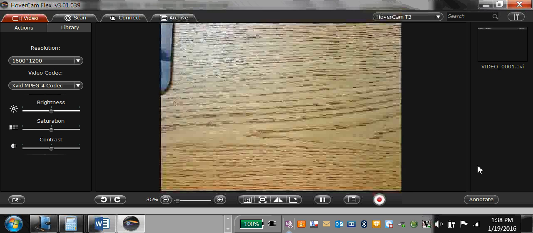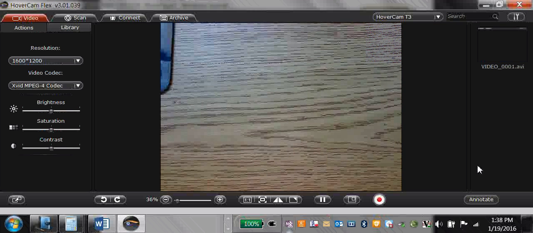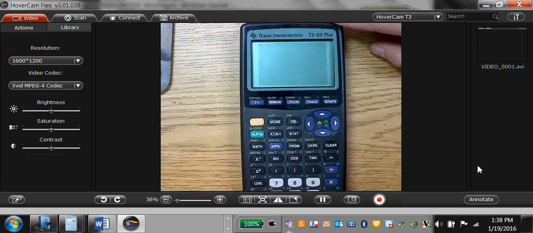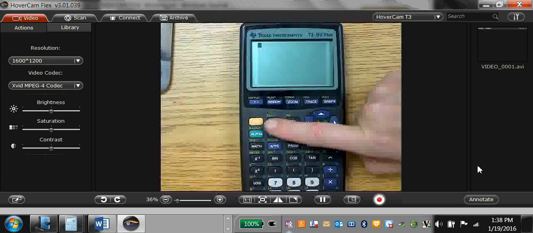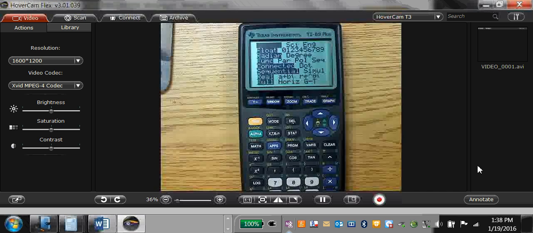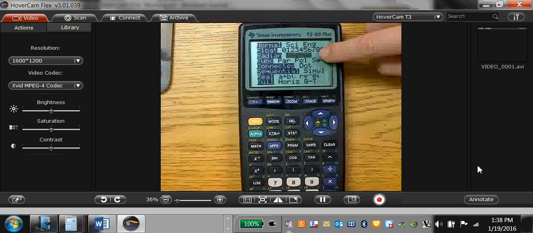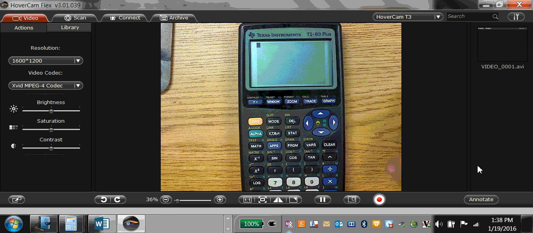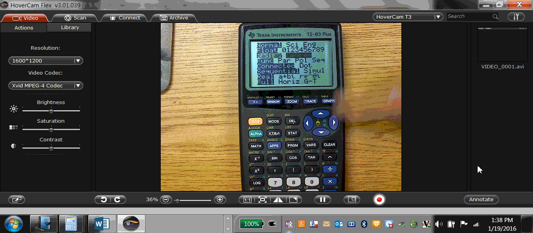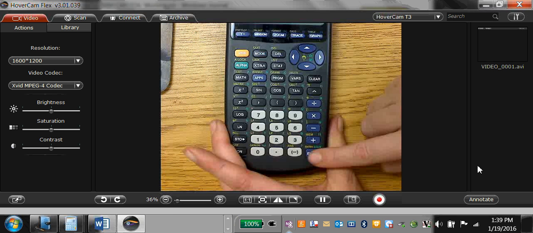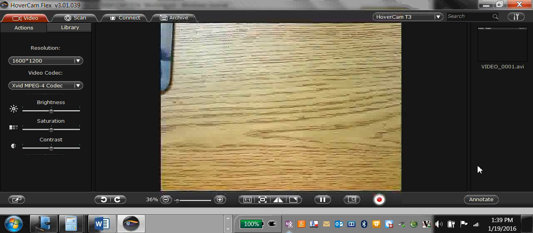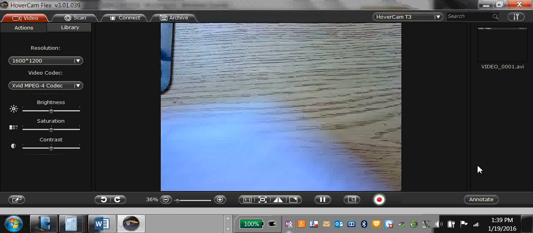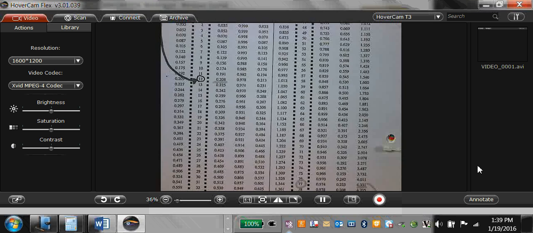You see the down arrow flashing. That's clear. You see degrees is flashing. Enter. That should be in what's called degree mode. All right, I'll leave that there. We're coming back to it.